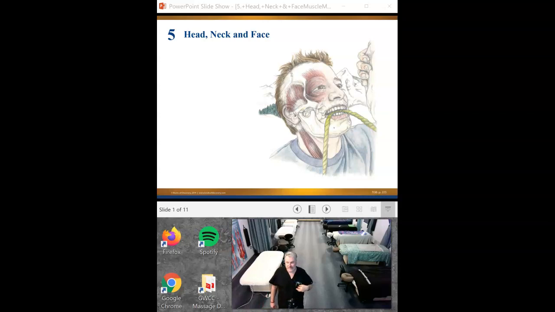Mr. Craven, what are the 5 features of the temporal bone? The external auditory meatus, the mastoid process, the styloid process, the zygomatic process, and the temporal mandibular joint. Beautiful. Thank you, sir. Mr. Bose, what are the 5 features of the temporal bone?